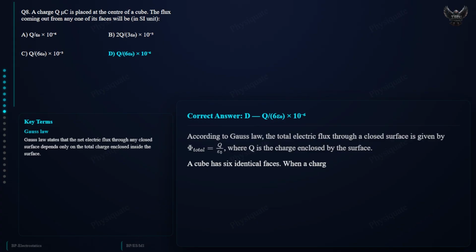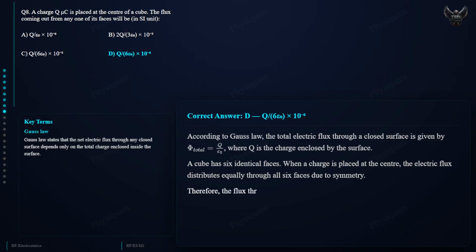When a charge is placed at the center, the electric flux distributes equally through all 6 faces due to symmetry. Therefore, the flux through one face of the cube is phi face equals 1 divided by 6 times Q divided by epsilon 0 equals Q divided by 6 epsilon 0.